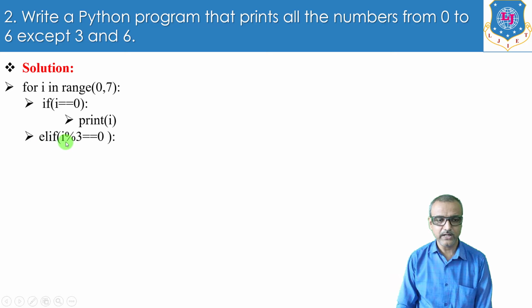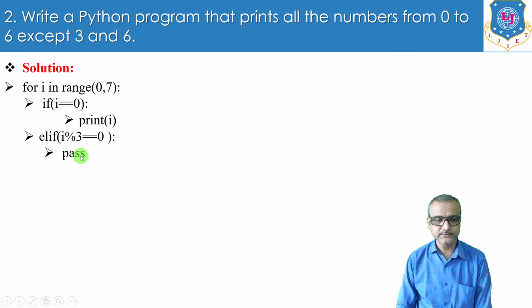Now elif i modulo 3 equals 0. See, 0 modulo 3 equals 0, that is again true. But before this, the earlier condition is already satisfied and 0 is printed, so it won't go into this condition.